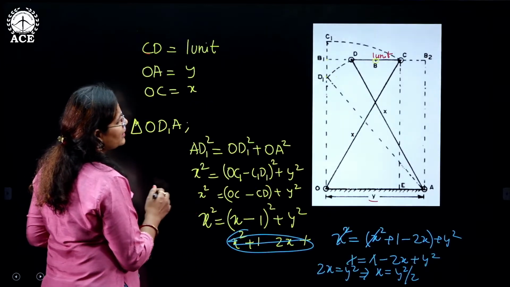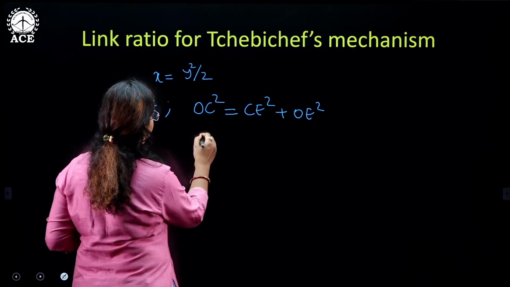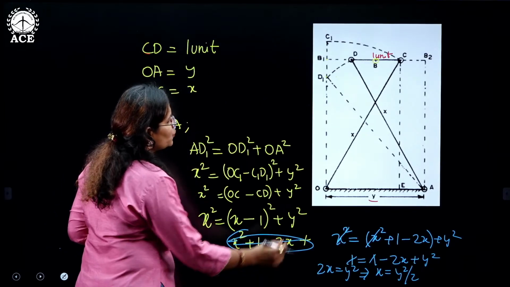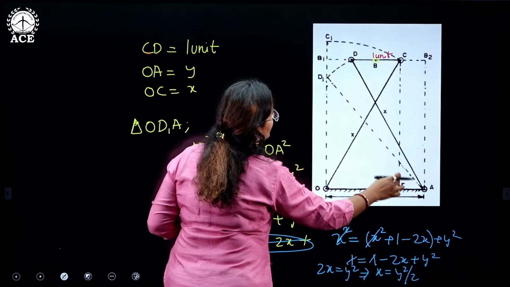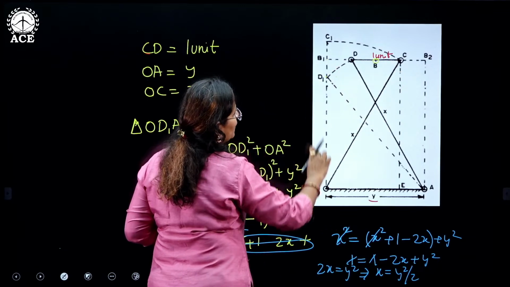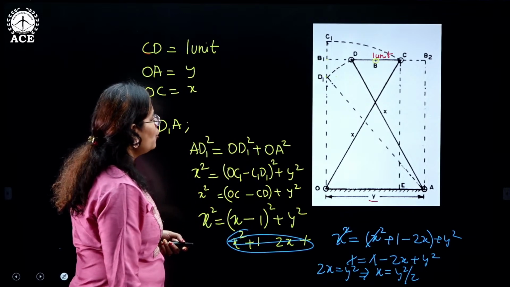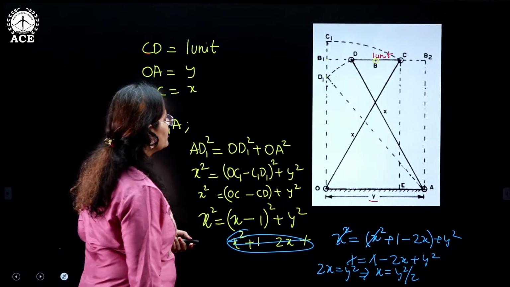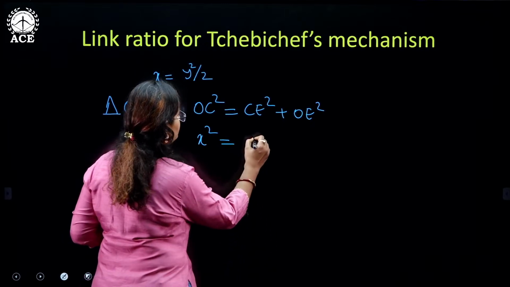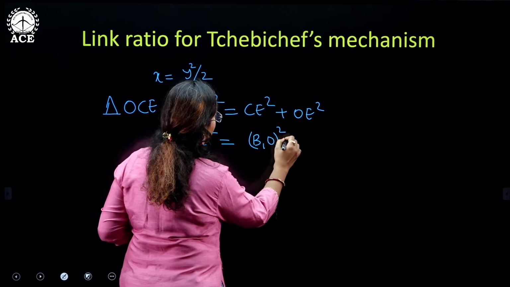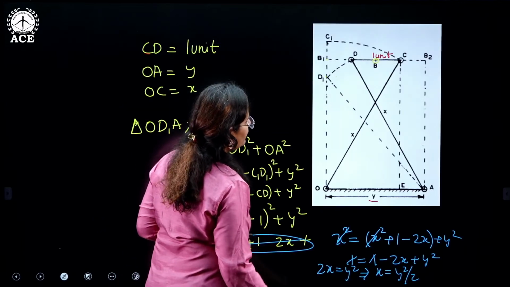OC square is again nothing but x square, is equal to CE square. Now what is this CE? CE is B1O. Okay. So B1O square plus OE square.